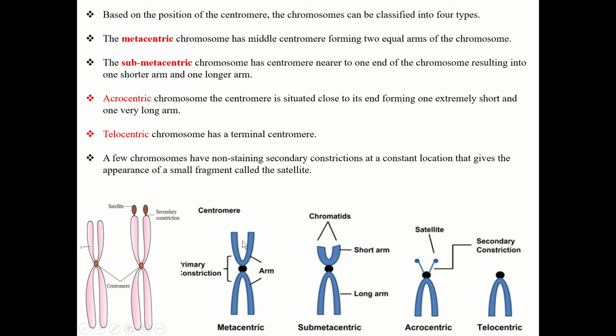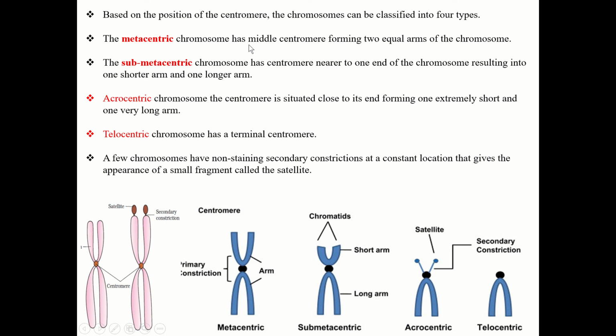Now the metacentric chromosome has a middle centromere forming 2 equal arms of the chromosome. Before explaining the metacentric, first we should know the parts of the chromosome. These are called the chromosomal arms. So they have long arms and short arms. You can see here, this is the short arm, this is the long arm. Sometimes the arms are equal. So depending upon the position of the centromere, the length of the arm varies.